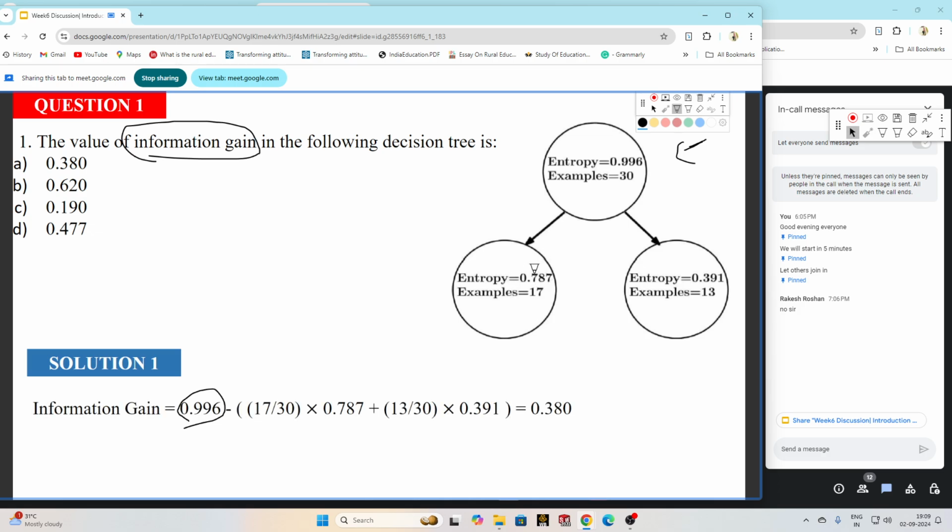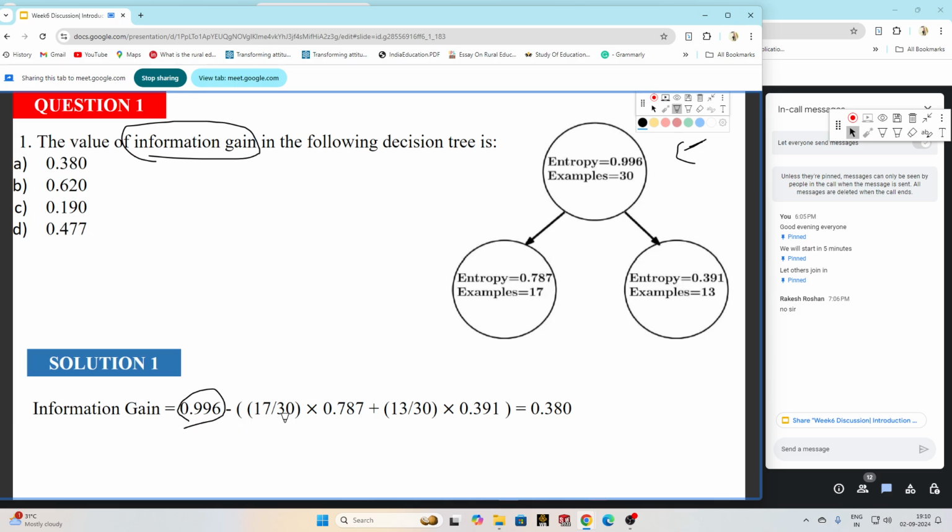Cross entropy, if I talk about this leaf node, then it will be 17 by 30, because here you have to take the proportion. So out of 30 examples, 17 examples give entropy 0.787.